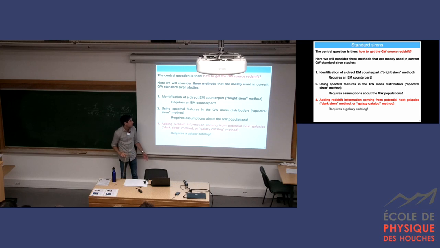What is the problem with this? Well, we need a galaxy catalog, and so far the galaxy catalogs we have been using are not very complete, or deep. This means that we are missing a lot of the actual galaxies which are there. And so in this case, the information that we are getting from the measurement of the GW and the galaxies is actually coming mostly from this other method.